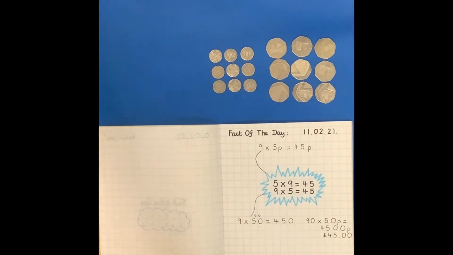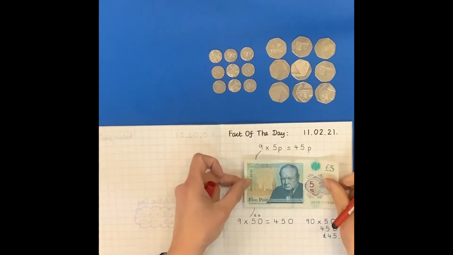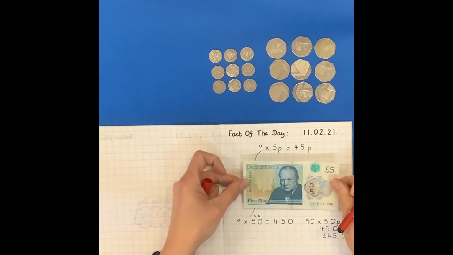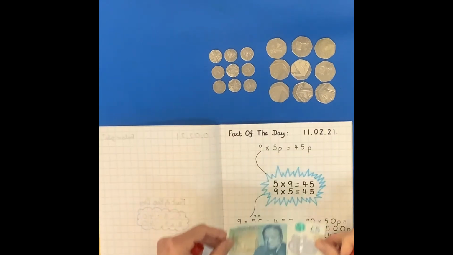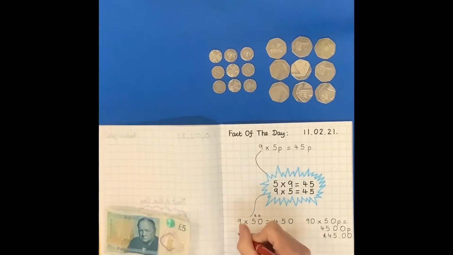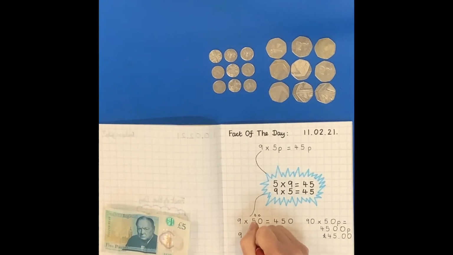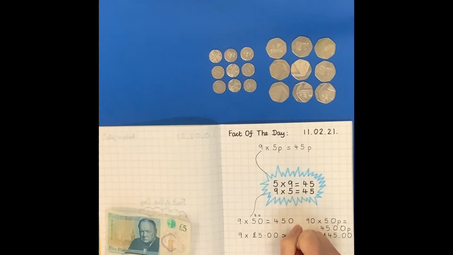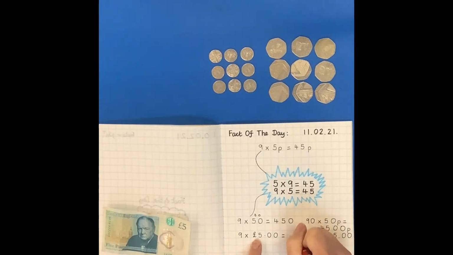I can show you using another denomination of money. If only I had 9 of these to hand, but I don't, Year 3. I've just got the 1. But if I had 9 lots of £5, that would also be 45 pounds.